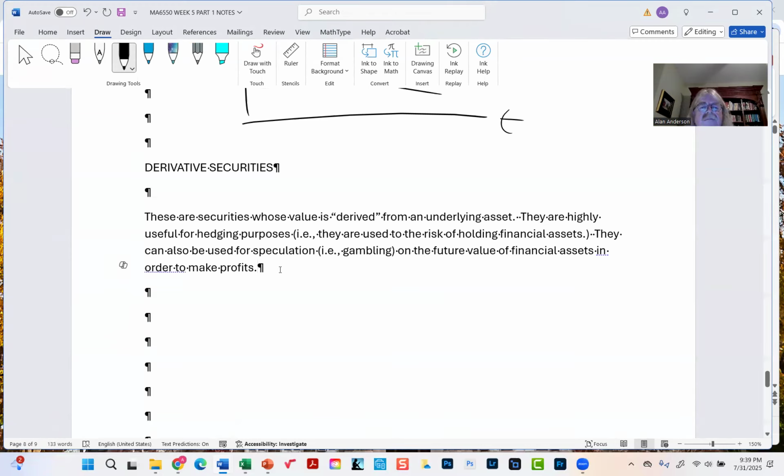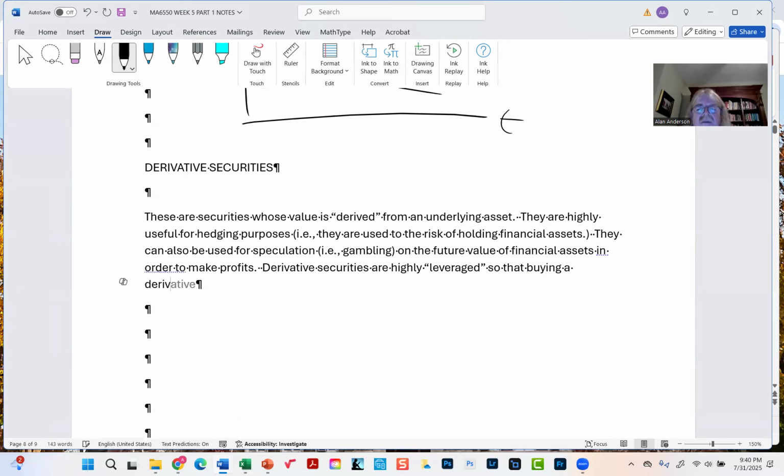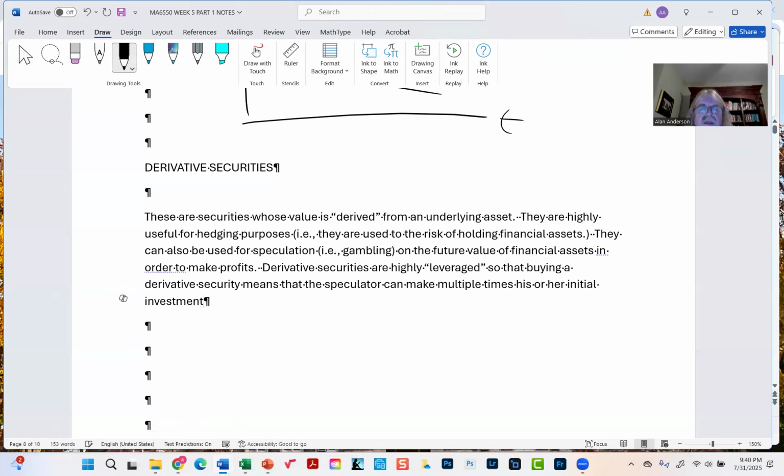What's different here is that derivative securities are highly leveraged, so that buying a derivative means that the investor, or I should say speculator, can make multiple times his or her initial investment if all goes well, but can also lose multiple times his or her initial investment if all does not go well.